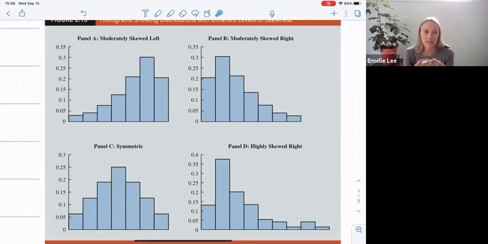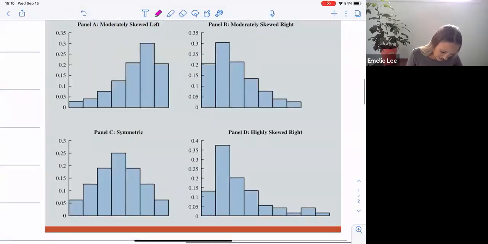And when I look at this, this is not symmetric. I can't fold it in half and have it look the same. And so here, this is not symmetric. We can leave it at that for now. And same thing here, this is also not symmetric. This is exactly symmetric, fortunately. It's not usually exactly symmetric, but here we've got this beautiful, very symmetric distribution. And so what it ends up looking like is, so here, these bars are just data, right?